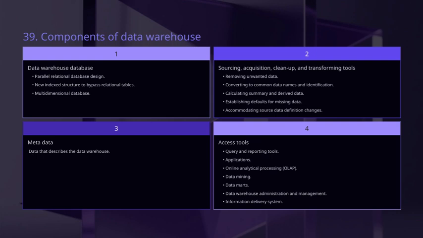Today, many warehouses rely on a multidimensional database, which uses a new index structure to bypass traditional relational tables, allowing for faster querying. Some also leverage parallel relational database designs to enhance performance and scalability. All these components work together seamlessly to support complex data analysis, ensuring that organizations can make informed, data-driven decisions efficiently.